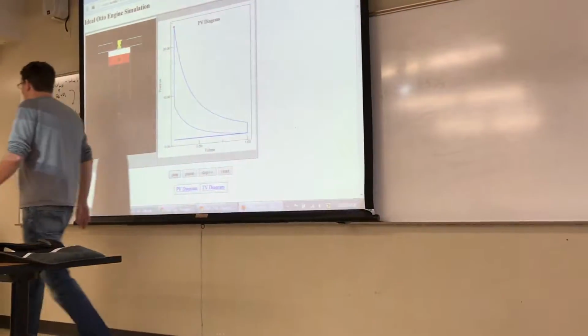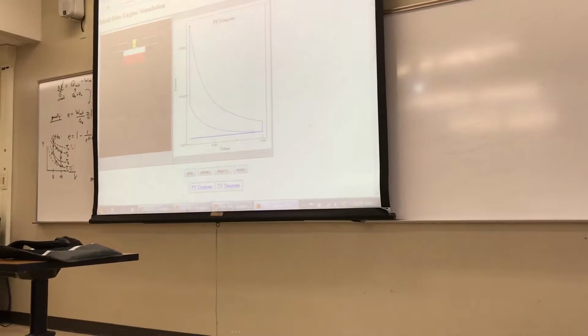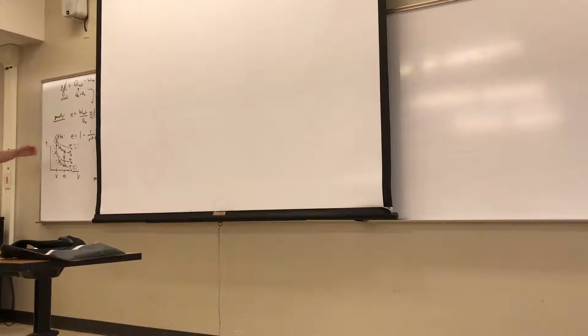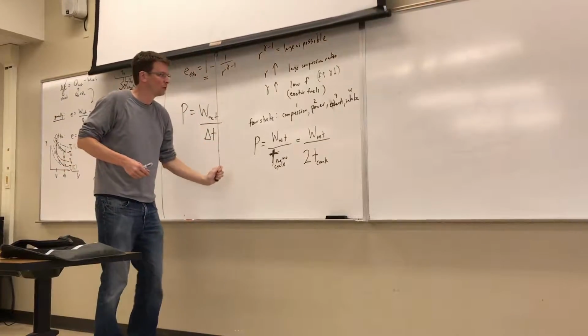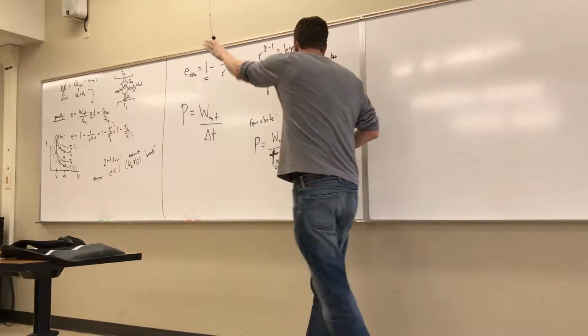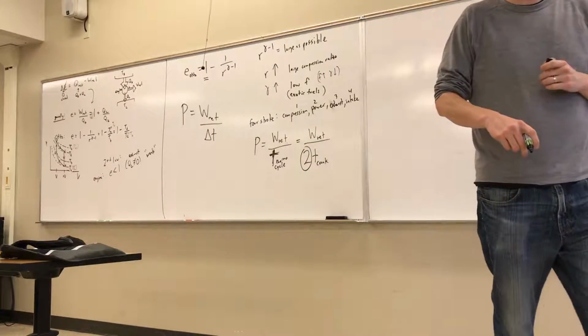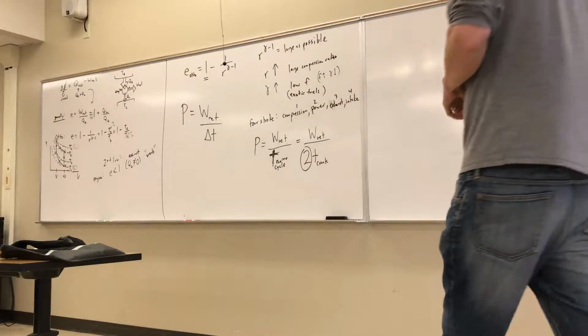Okay? So let's go over here. Sorry, I have to keep going back and forth. So this factor of 2 is going to mean this thing is not as very high powered because it takes a longer time to make this happen.